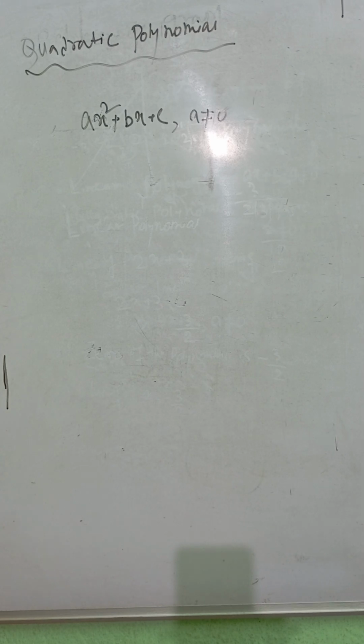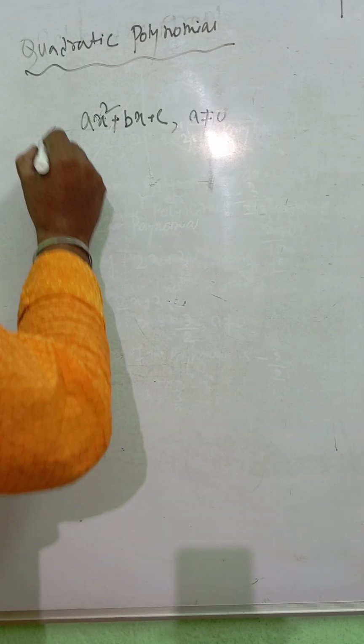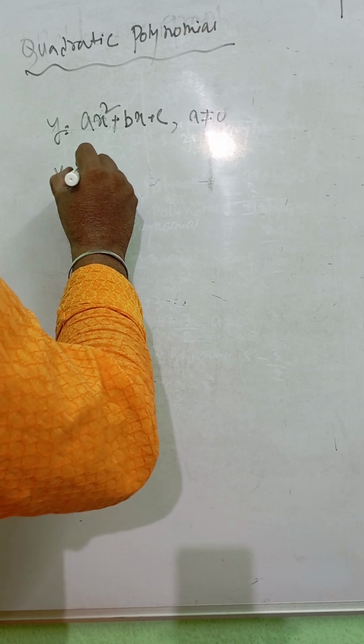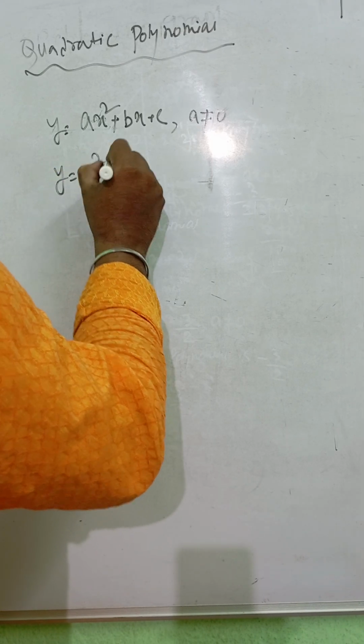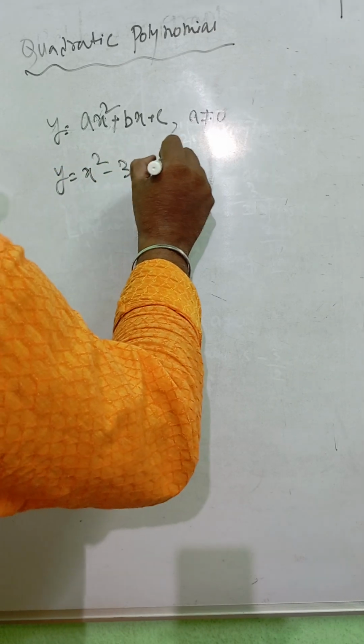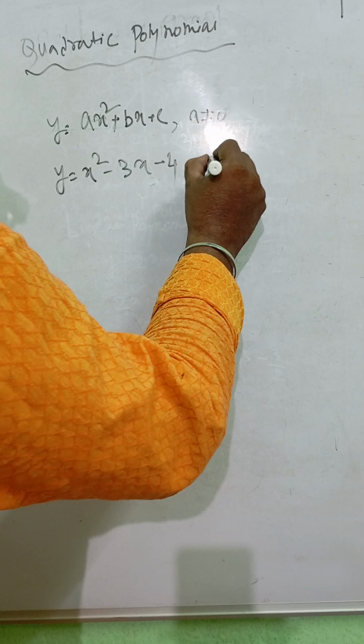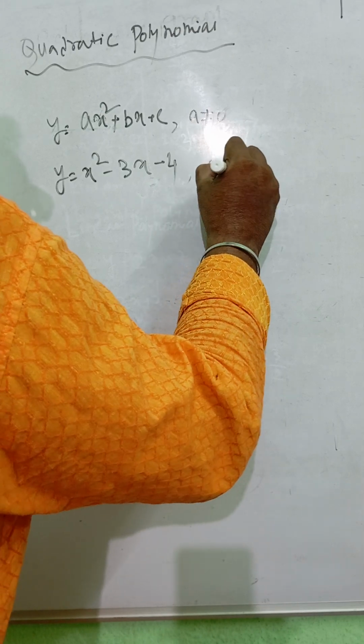Now take one polynomial like that, let's say y is equal to x square minus 3x minus 4. Here a is equal to 1.